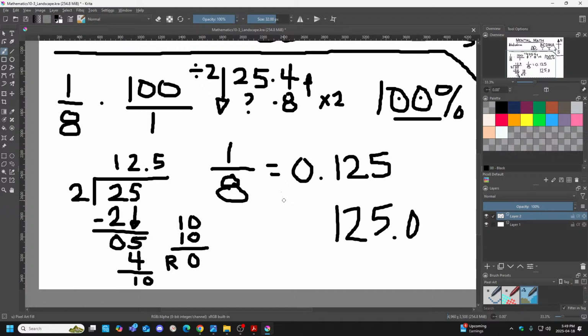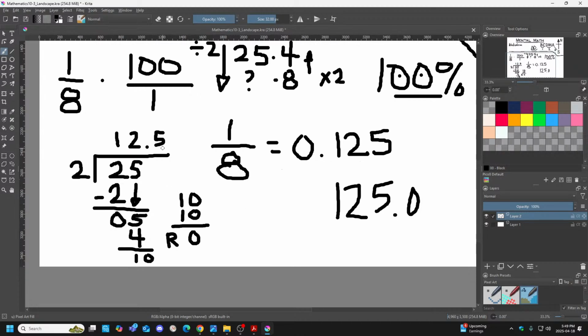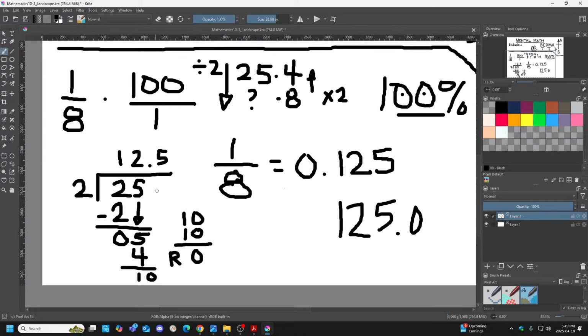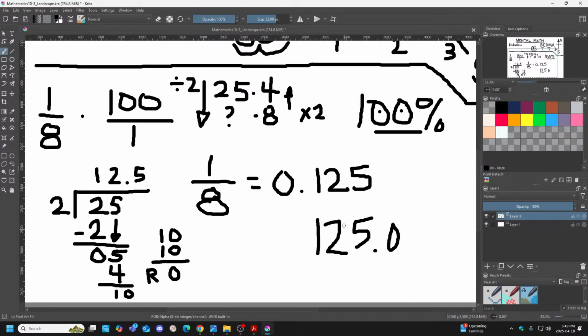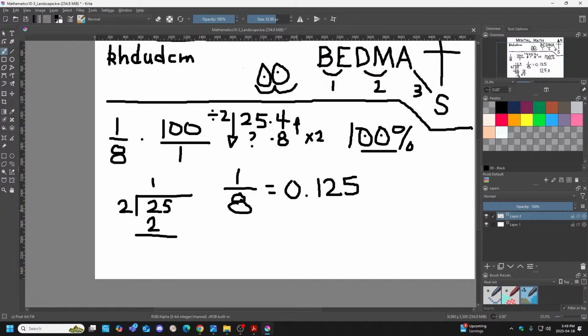Yeah, let's just carry on, okay? It's no big deal. But as you can see, there's a little bit of a pattern, right? 125, 0.125, 125. So that was a lot of extra work, it was, guys, but we needed that 125.